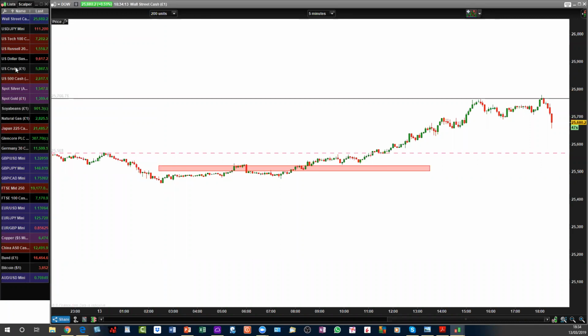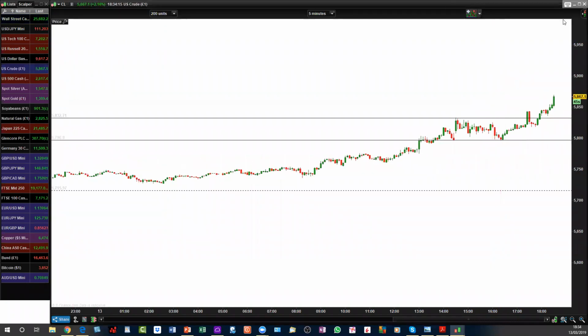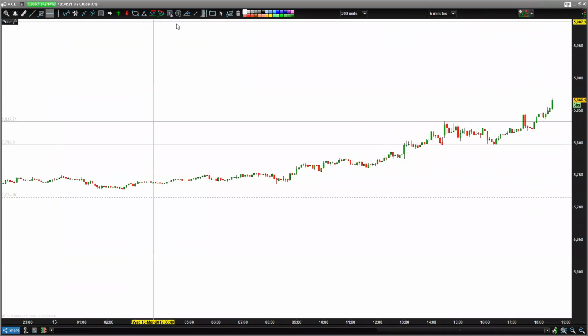Okay, just look at the oil. What a lovely move. If you bought this picture perfect entry down here, literally to the pip, the entry I described, it would have generated, obviously this is just a retail platform, it's not the futures contract for any of you trading the actual futures.